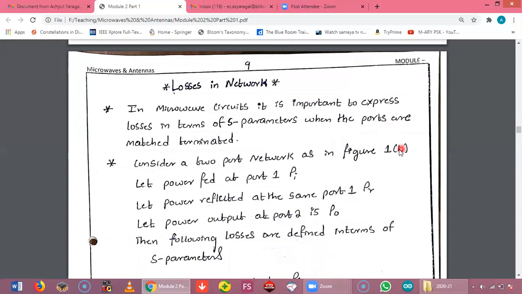Again in figure 1b, at port 1 there is Pi as the incident power, that is the power fed. The power reflected at port 1 is PR. The power output at port 2 is P naught. The following losses are defined in terms of S parameters.